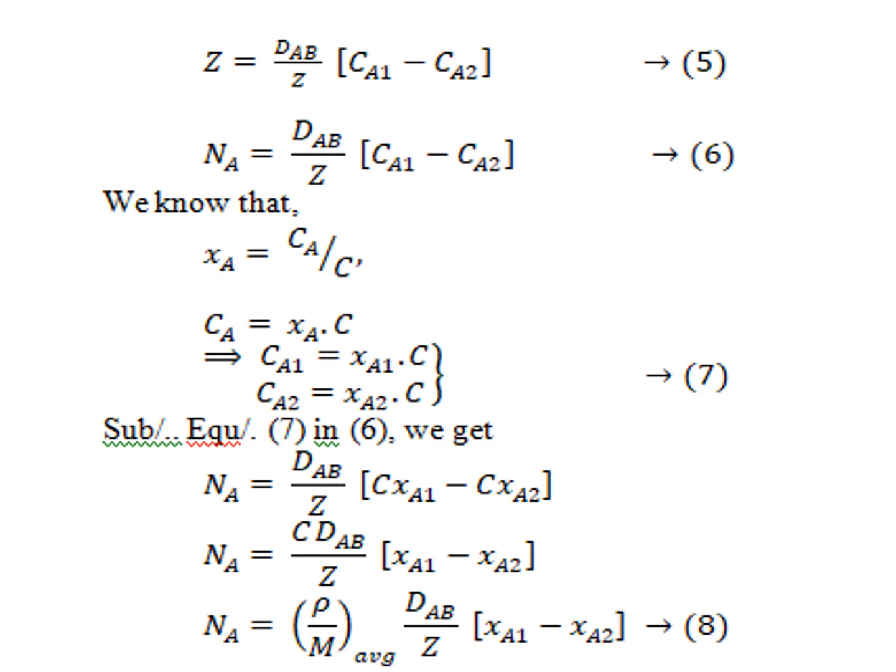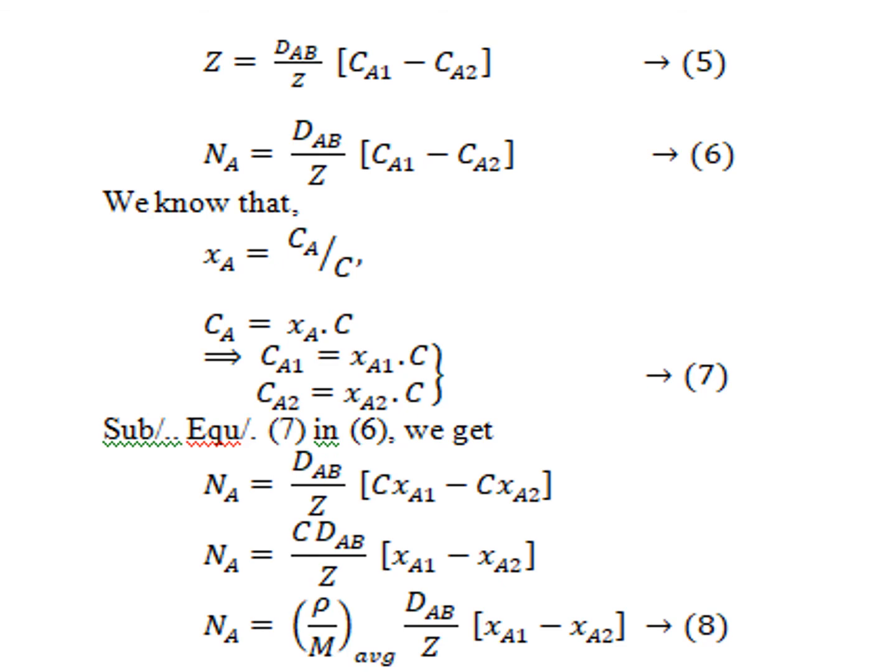Finally we get Na is equal to Dab by Z into (Ca1 minus Ca2). From the fifth expression, be careful, one mistake is there: it is not Dab by Z, it is Dab by Na into (Ca1 minus Ca2). So here Na is equal to Dab by Z into (Ca1 minus Ca2). This is the sixth expression.